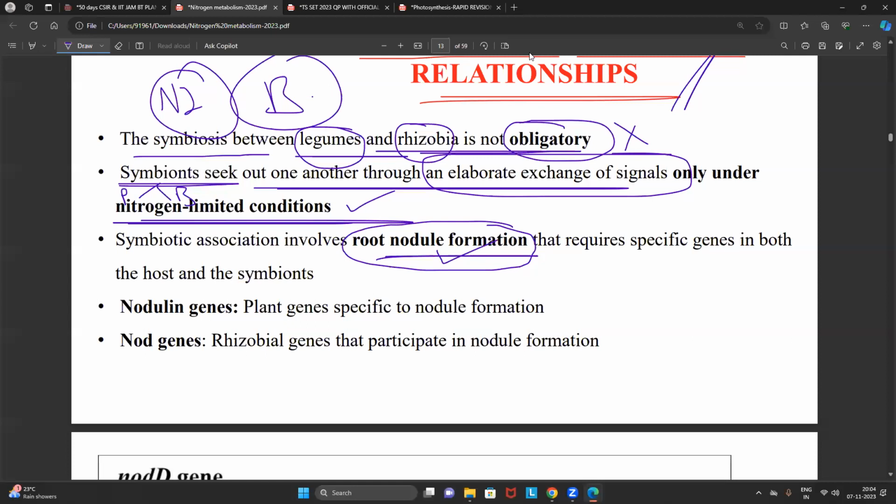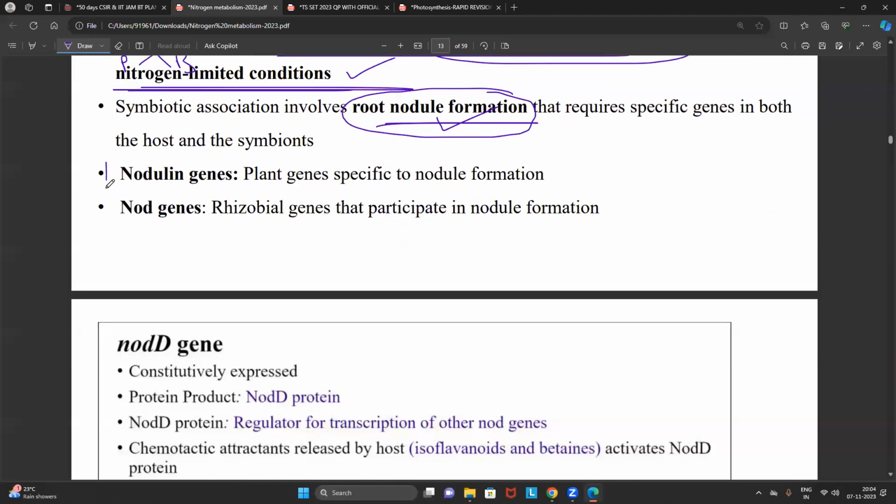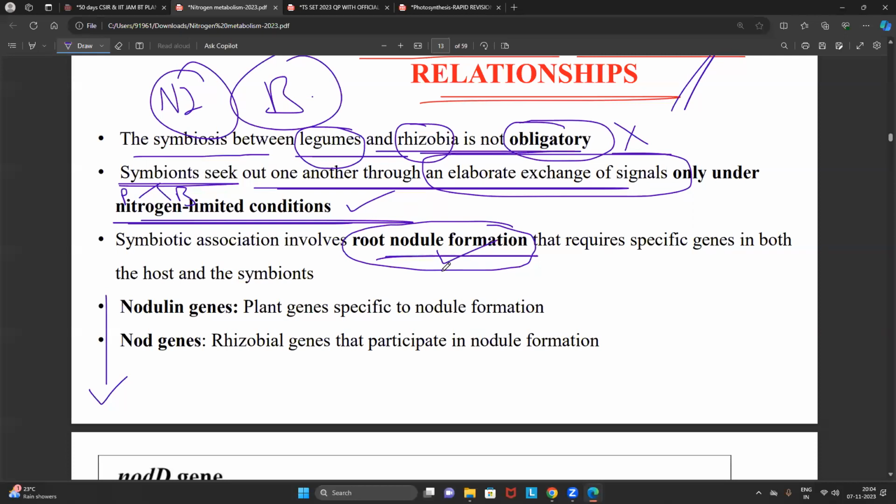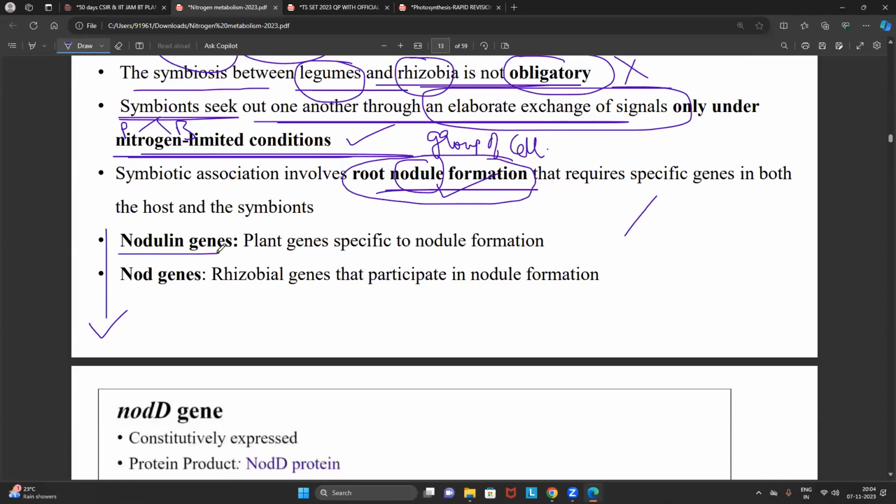Now, almost all our questions come from genes and enzymes. Now focus on the genes. If the root nodule wants to be formed, what is meant by the nodule? Nodule is nothing but a group of cells. If the root nodule wants to be formed, there is a requirement of two types of genes: nodulin genes and nod genes.